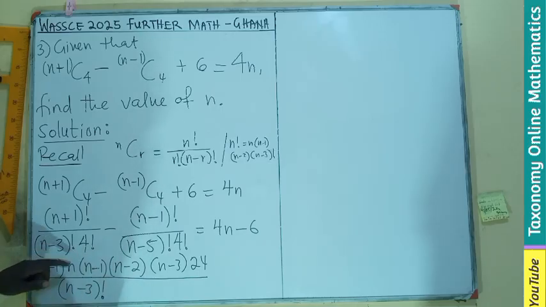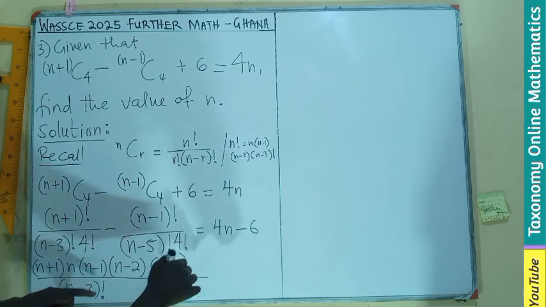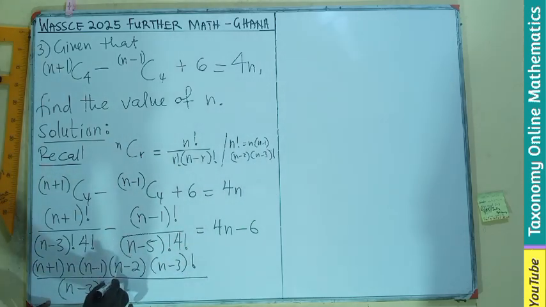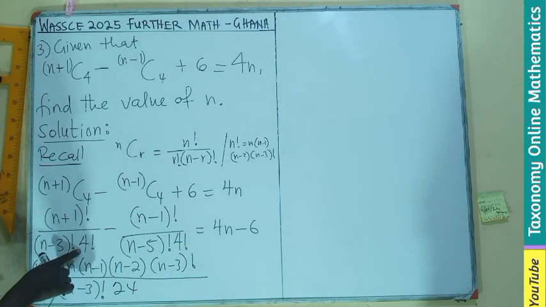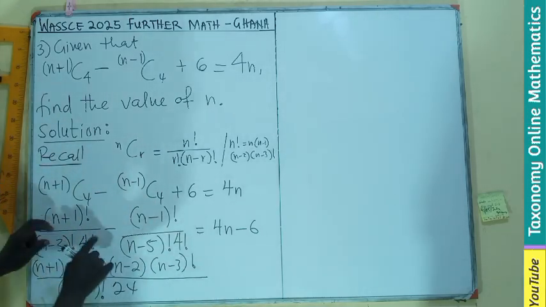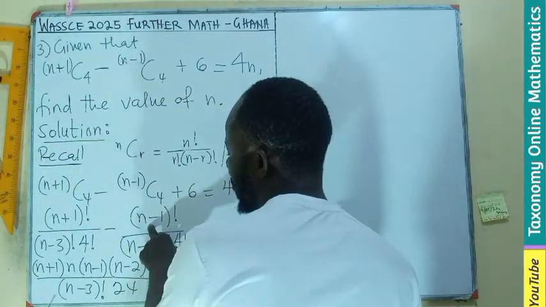Then in the denominator, as we expand this we still have the factorial attached to the last one, and then the 24. All this represents this side. Now minus, let's pick the second side.